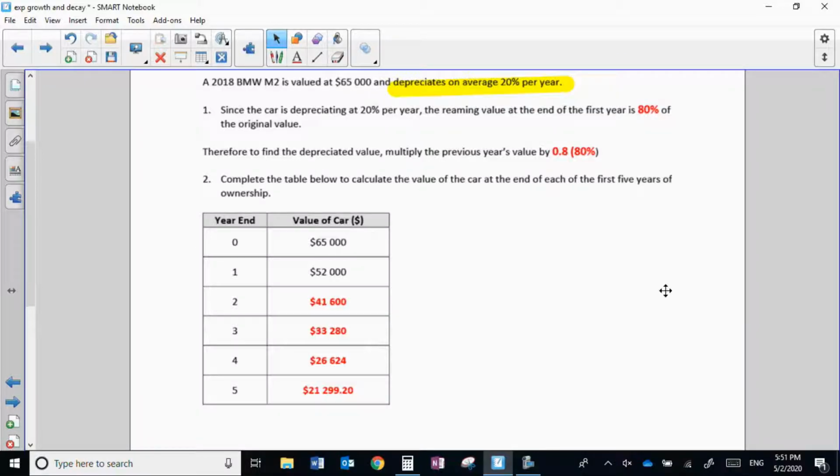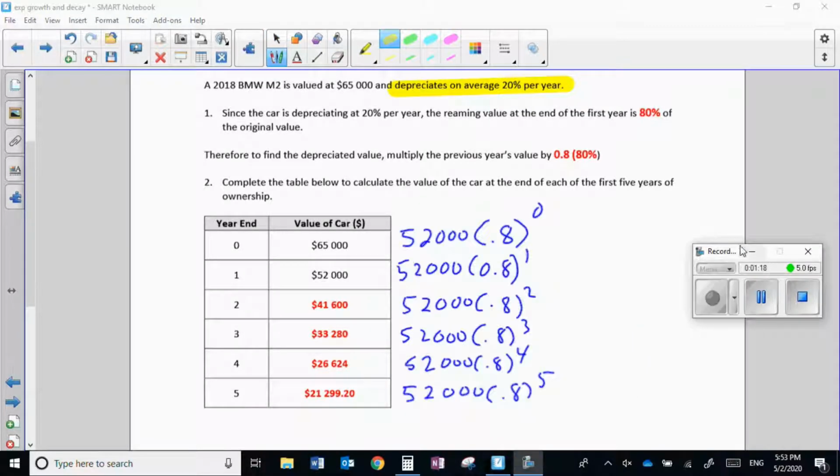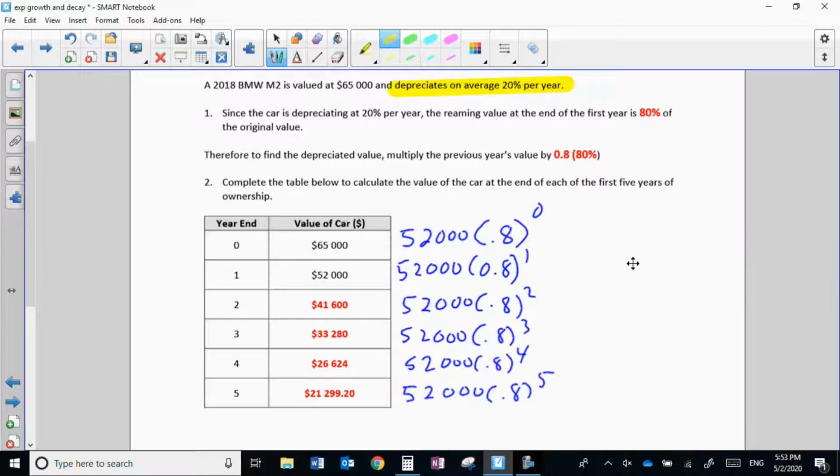To get 52,000, I took 65,000 and I multiplied by 0.8. And similar to the examples with exponential growth, this pattern emerges. How did I get a number like 26,624? Well, I took the number 65,000, I multiplied it by 0.8, 1, 2, 3, 4 times, or 52,000 times 0.8 to the power of 4.